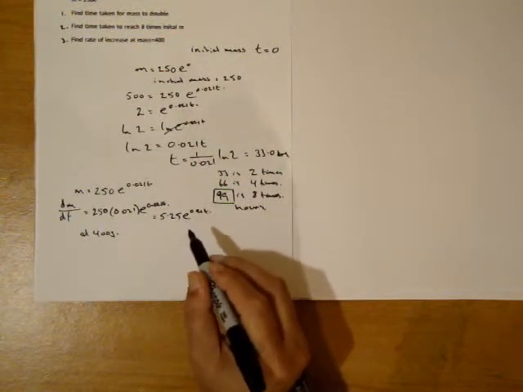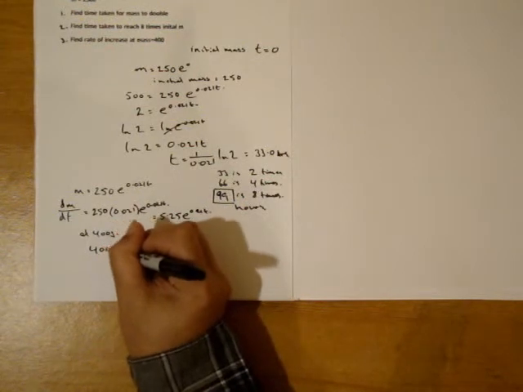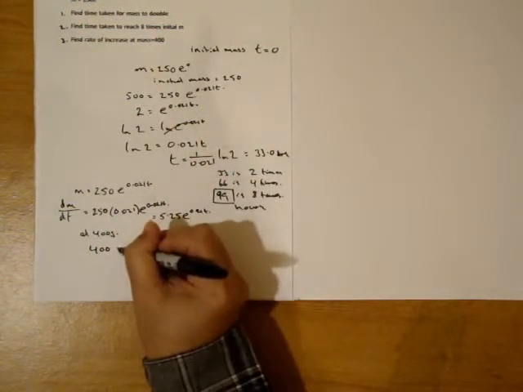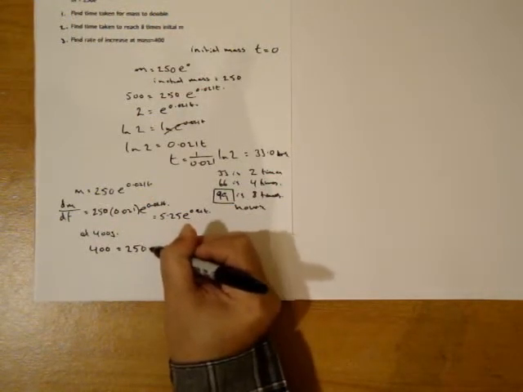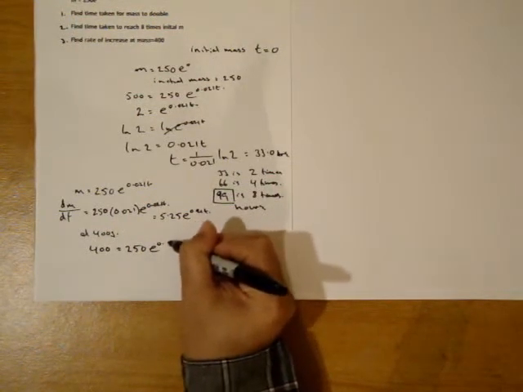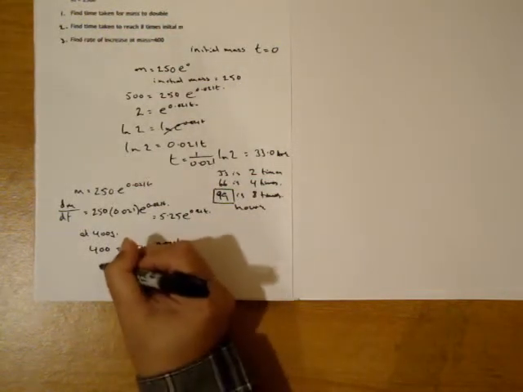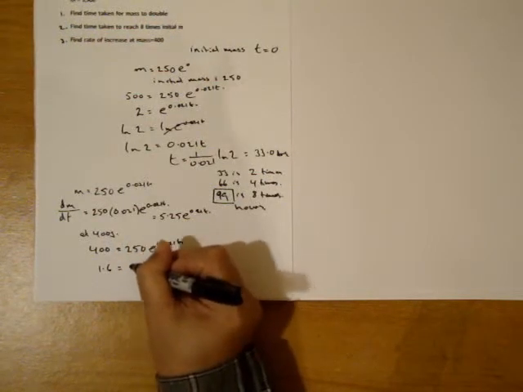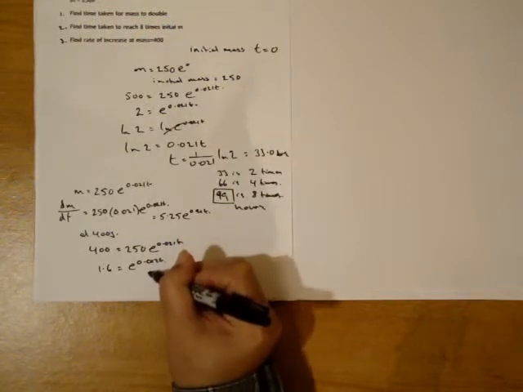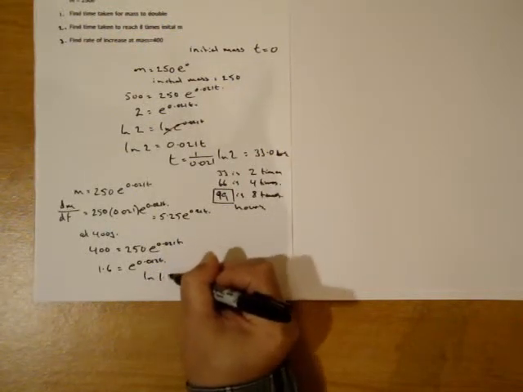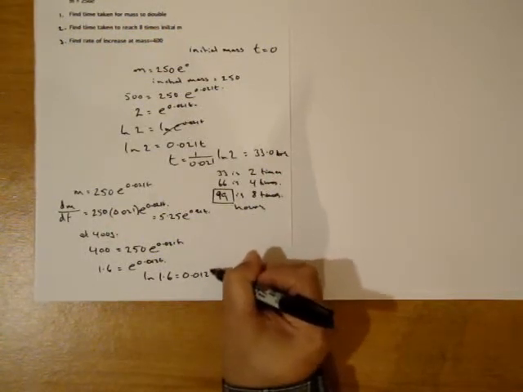So here we have 400, like we did in the initial question, equals 250 e to the 0.021t. So 1.6 equals e to the 0.021t. So the natural log of 1.6 equals 0.021t.